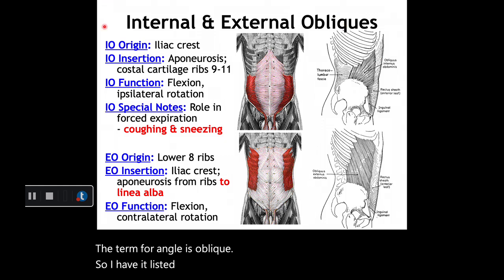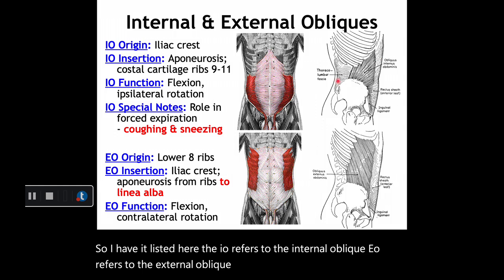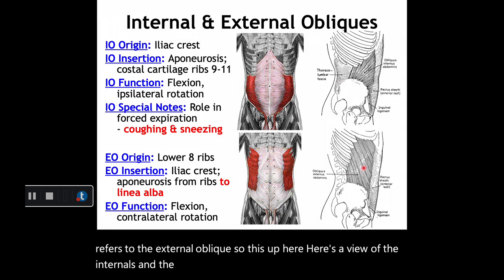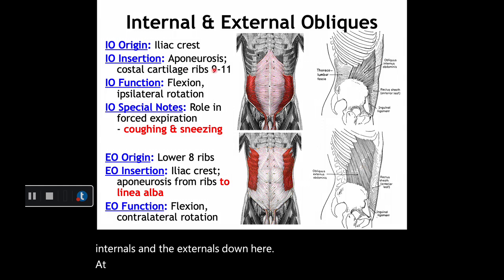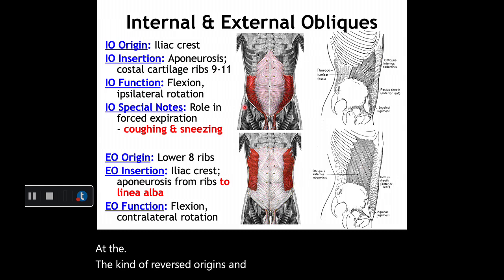The IO refers to the internal oblique. EO refers to the external oblique. So this up here, here's a view of the internals and the externals down here. Right, the kind of reversed origins and insertions between internal and external oblique.